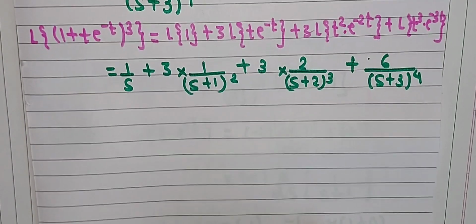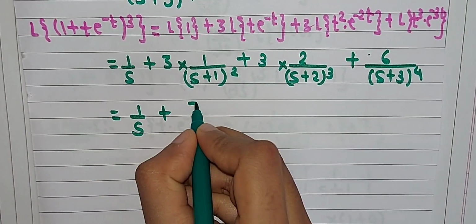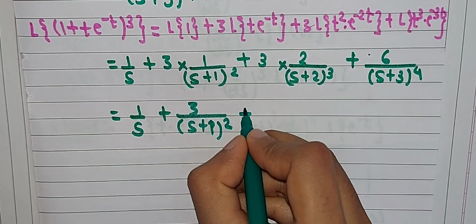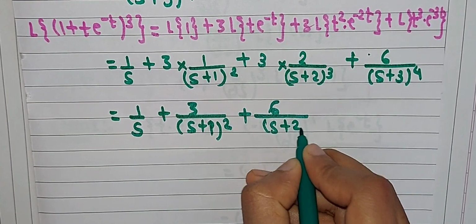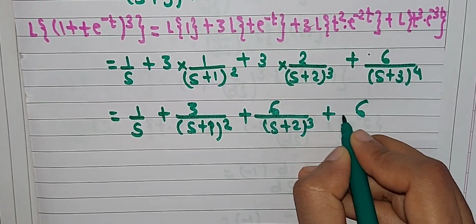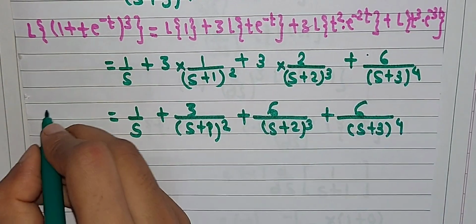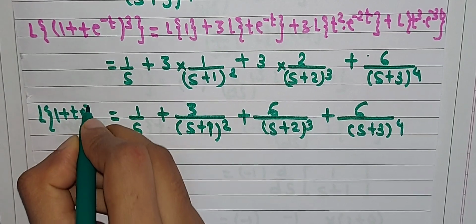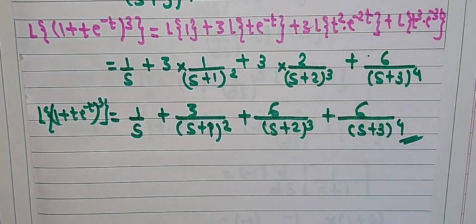Okay, so solve just a little bit, then we will have this 1 by s as it is, plus 3 divided by s plus 1 whole square, plus 3 into 6, that is 6, and s plus 2 raised to 3, and plus the last term will give us the value 6 by s plus 3 raised to 4. Okay, so this is the value of Laplace transformation of 1 plus t e raised to minus t whole raised to 3, and this is the value.